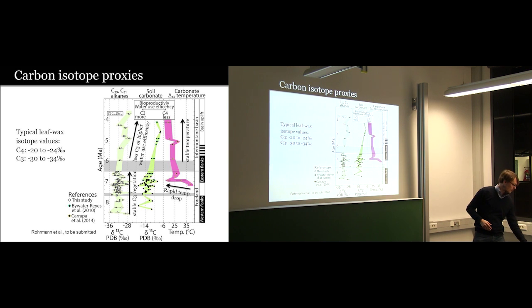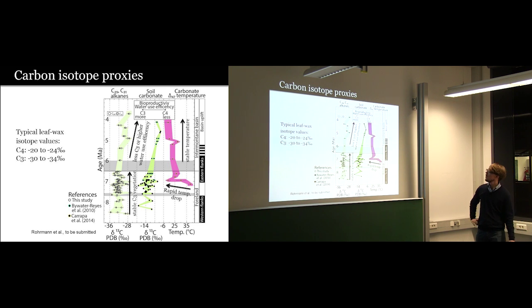So again, you see a very stable C3 vegetation, indicating a wet climate until you uplift the orographic barrier, and then you see this aridification on the backside of this uplift, where you see less C3 vegetation or higher water use efficiency.